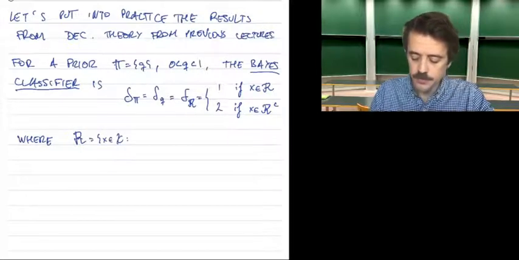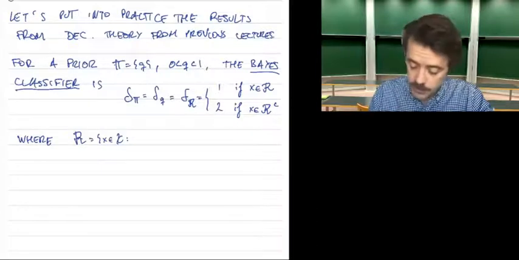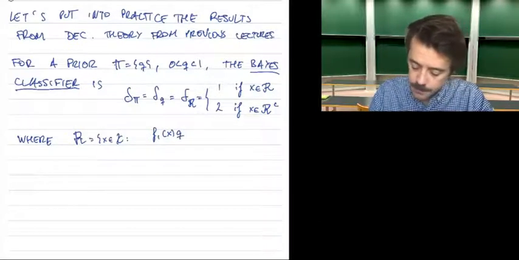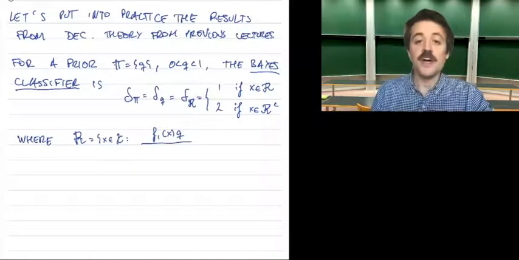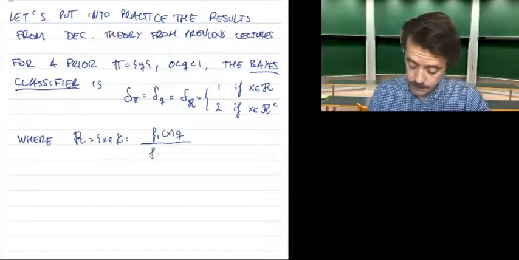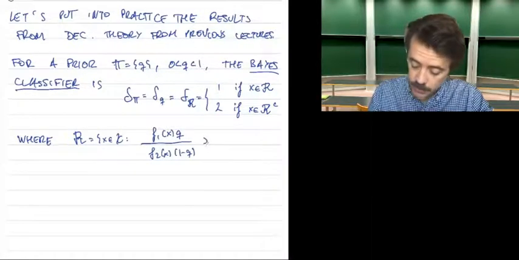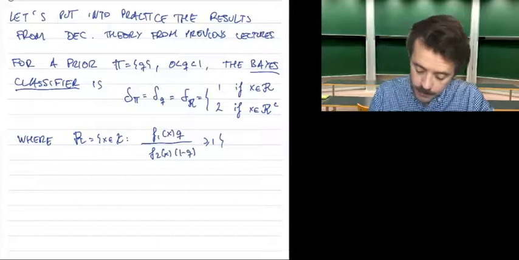It's just a set of X's such that q F1 of X divided by F2 of X times (1 minus q) is greater than or equal to 1.